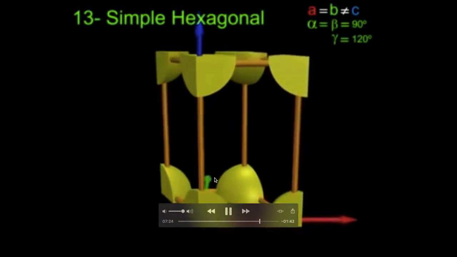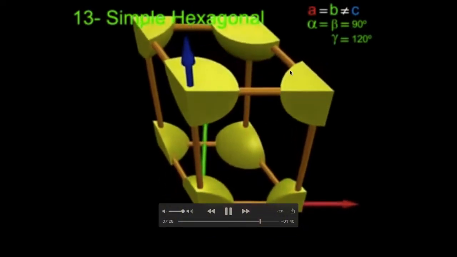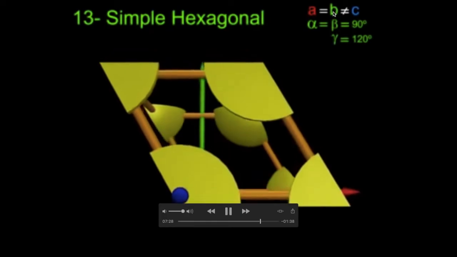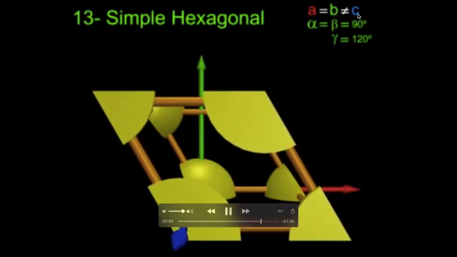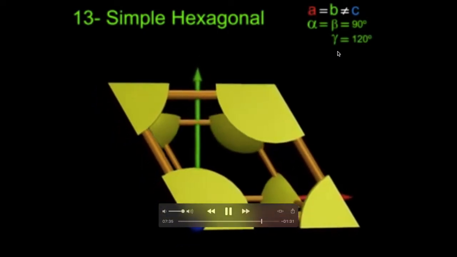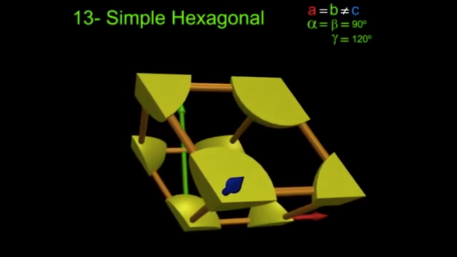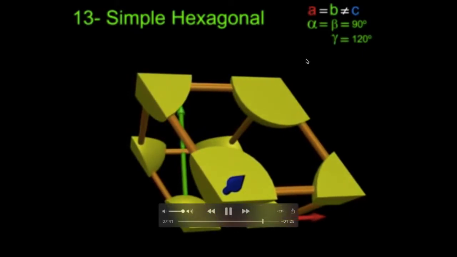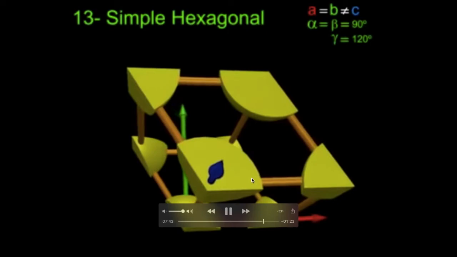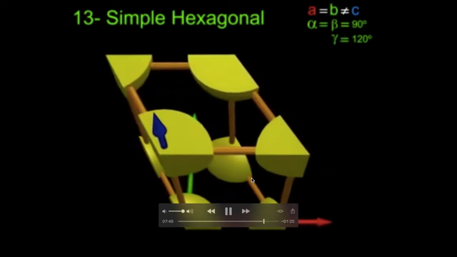Simple hexagonal. a = b is not equal to c. Alpha = beta = 90 degrees and gamma is 120 degrees. Particles will be present at the corners of the unit cell.